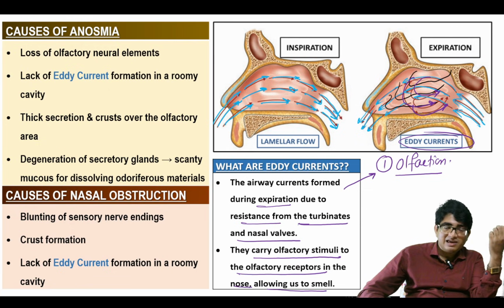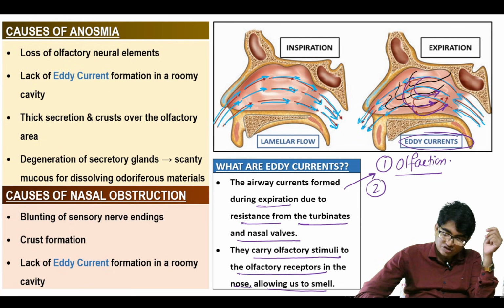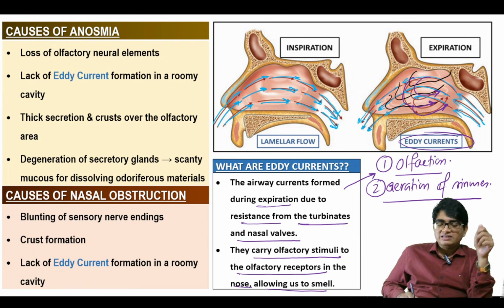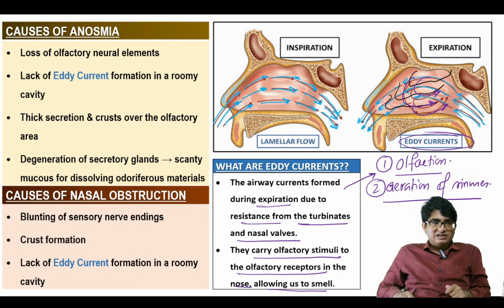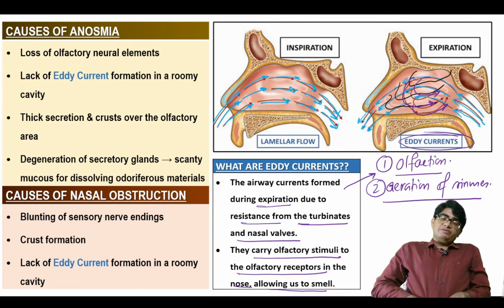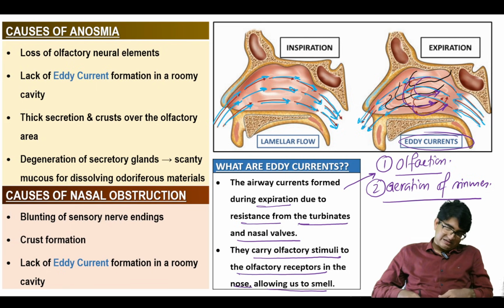They are helpful in aeration of sinuses. So these eddy currents are helpful for olfaction as well as sinus aeration. Correct? Obviously, some of the air during expiration is going inside the sinuses and aerating them. Okay? Now, coming to the point of causes of anosmia and nasal obstruction.